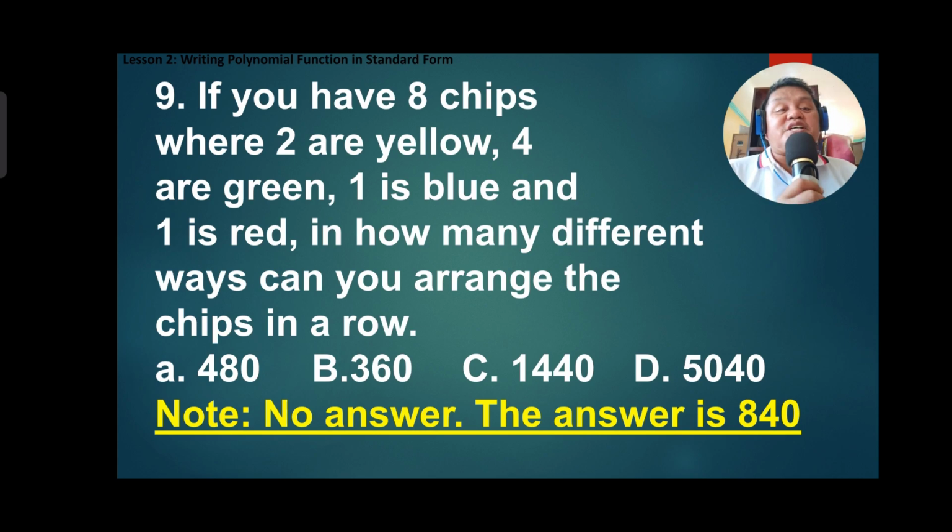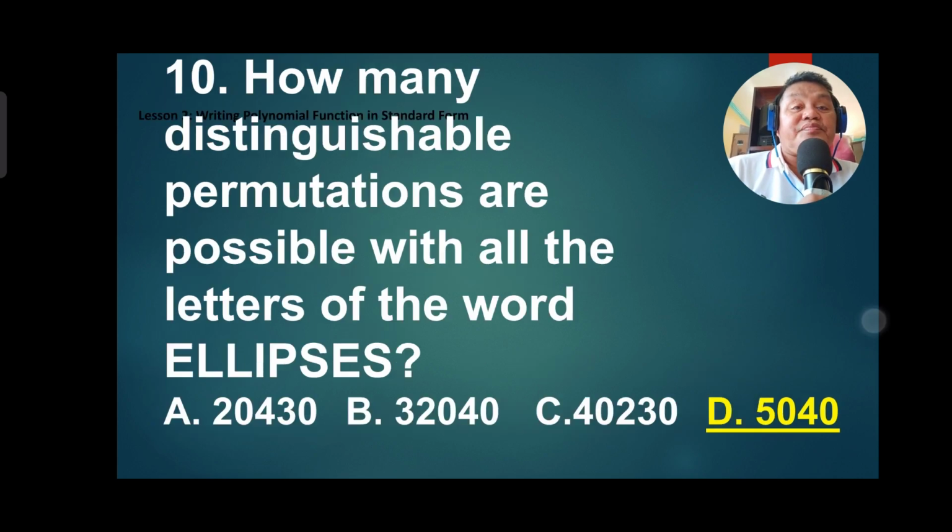So you're going to use distinguishable permutation, and this is 8 factorial over 2 factorial times 4 factorial. When you check this with your calculator, the answer is 840. The close answer there is letter A, 480, but the correct answer here is 840 after solving this using distinguishable permutation.